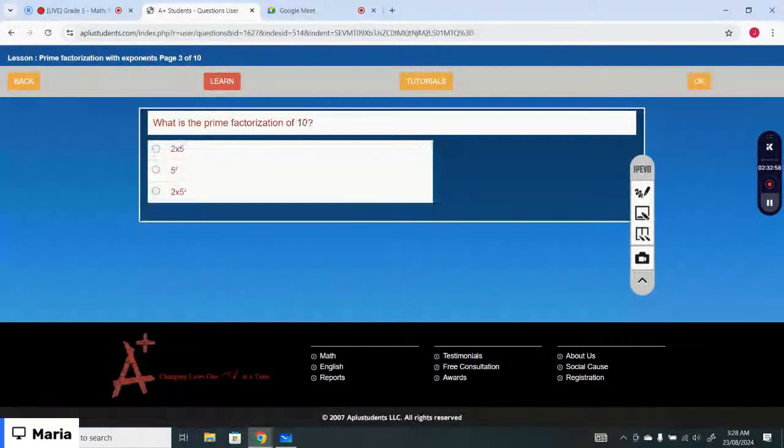Okay, the next one is, what is the prime factorization of 10, which is the correct option? The correct option is 2 times 5. Option number 1 is the correct option.